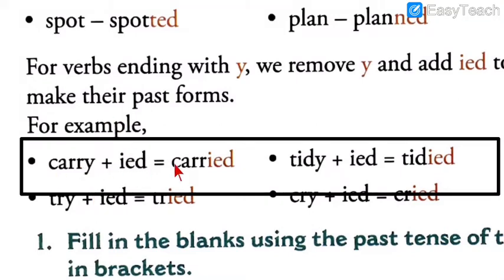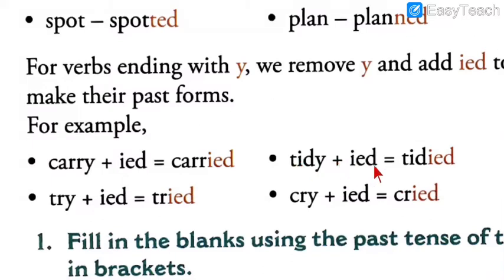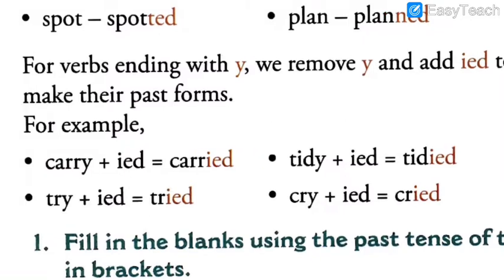So carry will become carried. Again tidy will become tidied. Try will become tried, and cry will become cried. I cried in the class yesterday as my homework was incomplete. Yes, this is the live example you can connect yourself with.